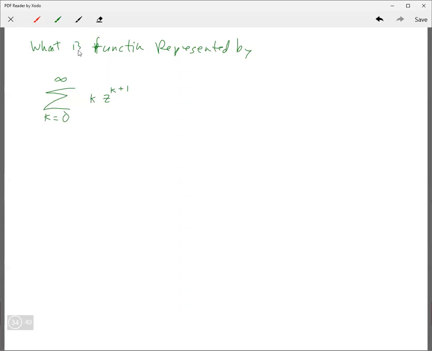So, wait a minute. Yeah, okay, so if I had something like this, then would you recognize that as the derivative of something?